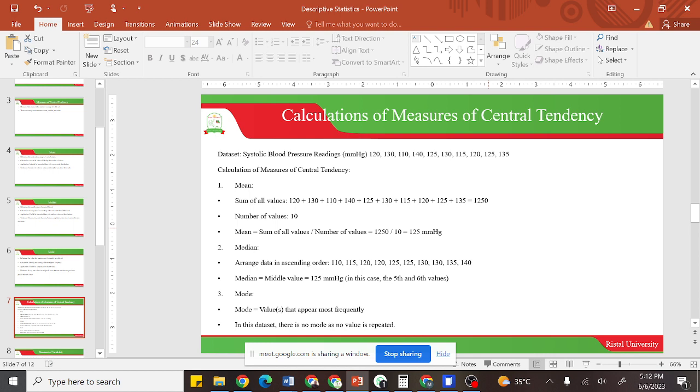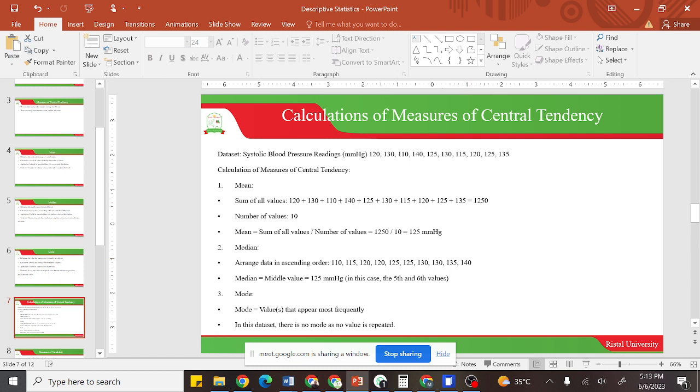And then the mode, which is basically the number which appears most times. And I think in this data set, we do not have a number which appears most times. Do we have one here?